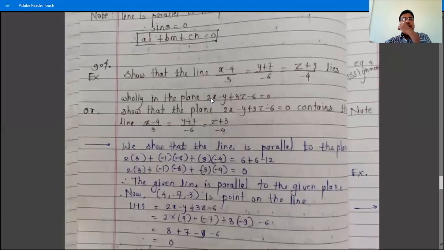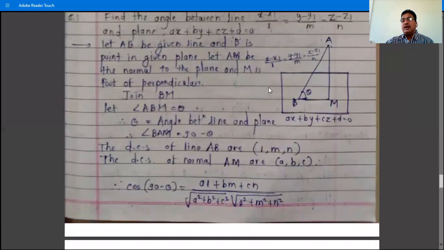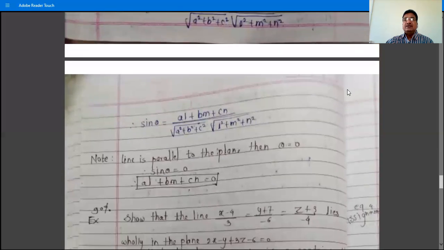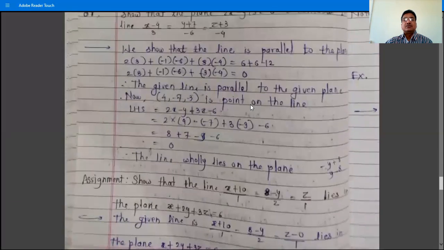So the question is: show that this line lies wholly in the plane. What happens if the line is parallel to the plane? Then either there is no contact between the plane and the line, or the line wholly lies in the plane. There are two possibilities. So show that this line lies in the plane 2x minus y plus 3z minus 6 is equal to 0.